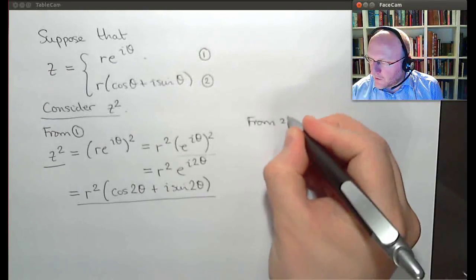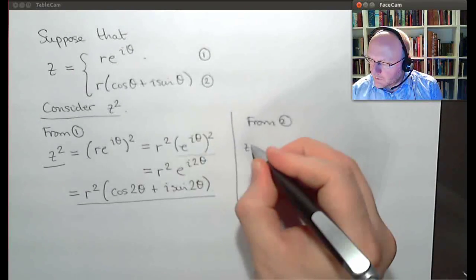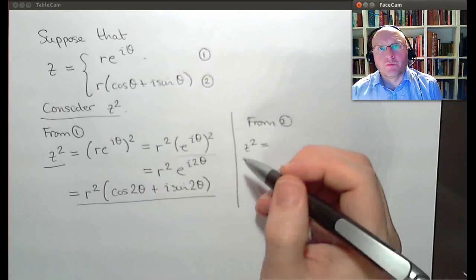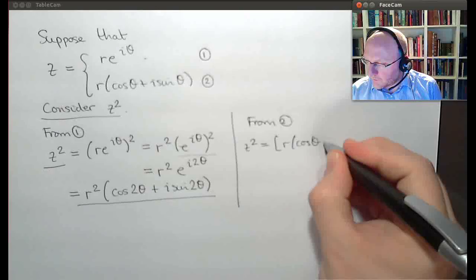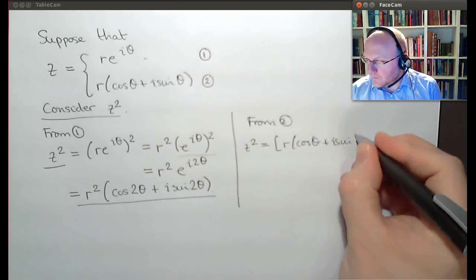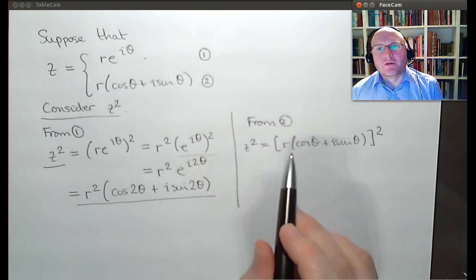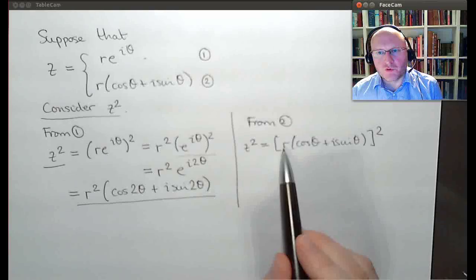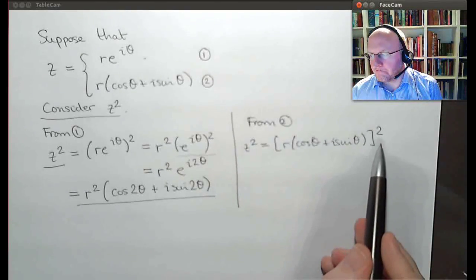We'll note that from expression 2, z squared must be all of this expression here squared. We've got to be careful with brackets here, make sure we bracket this correctly. But now what do we have here? We have a product of two quantities raised to a single power.